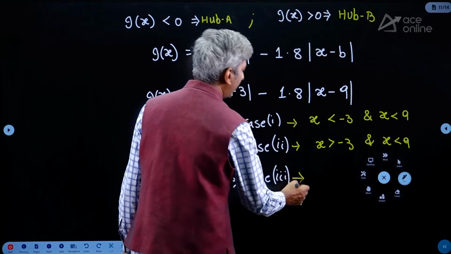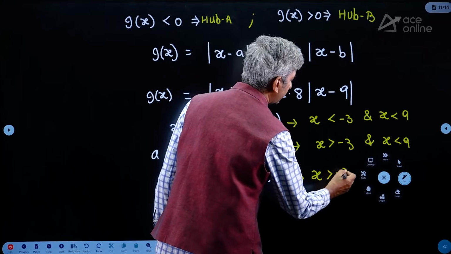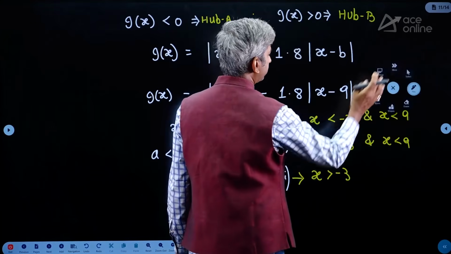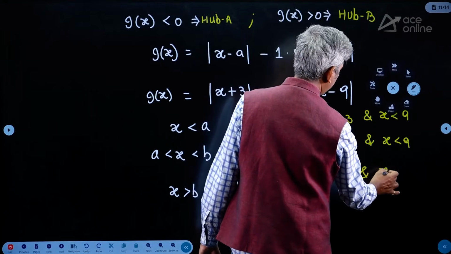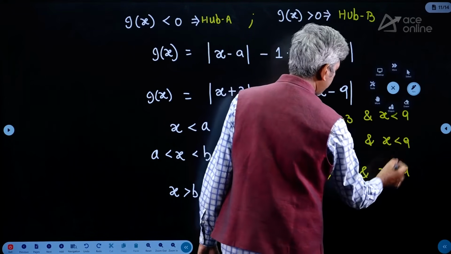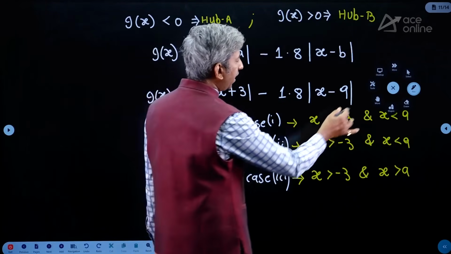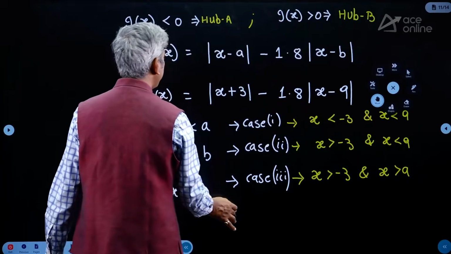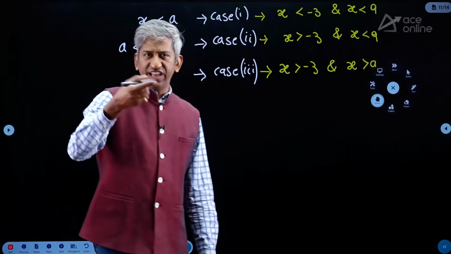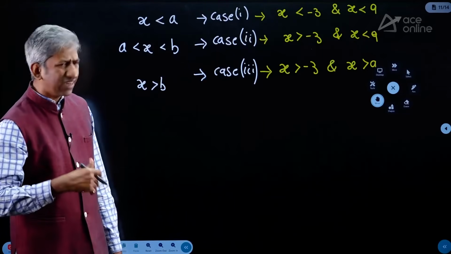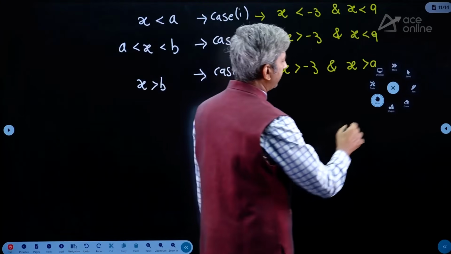And for the third case, x is greater than minus 3 and x is greater than 9. Right? Now, associated with every case, there will be a threshold. That threshold may exist or it may not. That we need to decide.